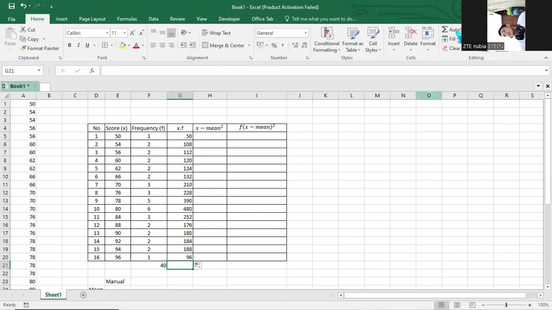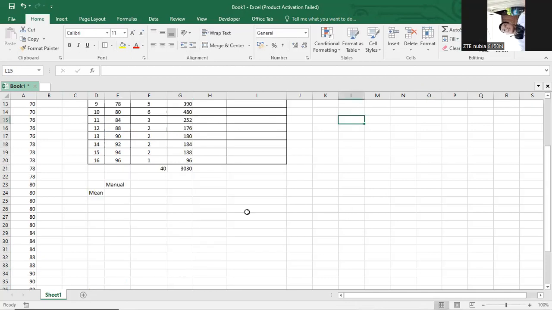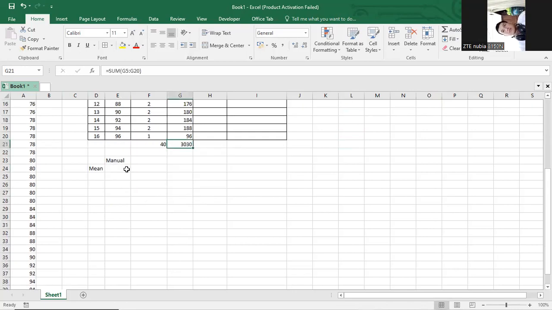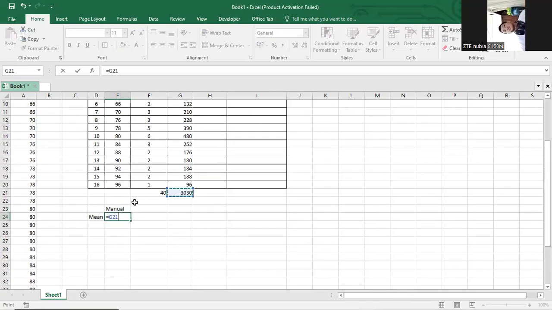After that, we sum it. And this one is what we are going to divide. Here, we type equals, then block G21 here, which shows the sum of all the data, divided by 40. And the result is 75.75.